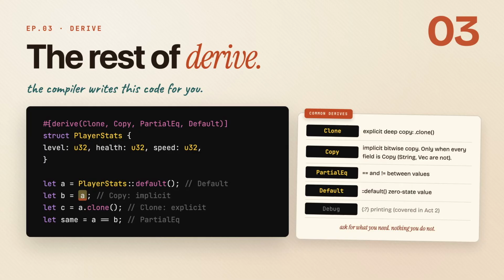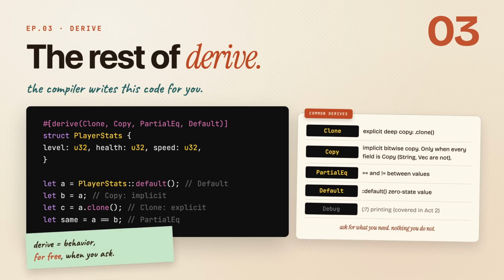Copy is the surprise. If every field in your struct is itself Copy, like numbers and booleans, the compiler can copy the whole value implicitly. let b = a makes a copy and leaves a perfectly usable afterward. No move, no clone, just a bitwise duplicate behind your back.